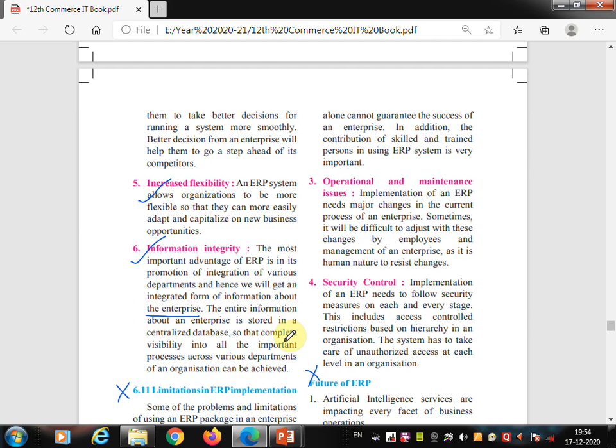The entire information about an enterprise is stored in a centralized database, so that complete visibility into all the important processes across various departments of an organization can be achieved. Different departments can take the data from the database, because the data is gathered in the centralized database, so from there anyone can access the data.